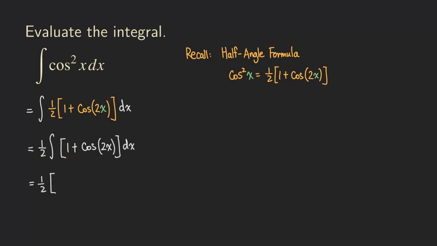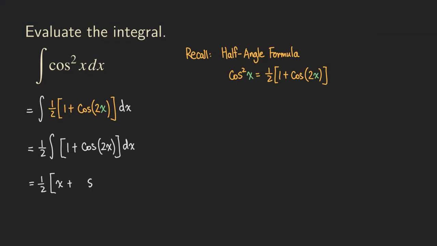Integrating the 1 will actually be pretty easy. We are just going to get x because we are integrating with respect to x. And then we are going to integrate the cosine of 2x with respect to x. For that one, we need to reverse the chain rule because there is a coefficient other than 1 in front of the x. The antiderivative for cosine is going to be the sine.